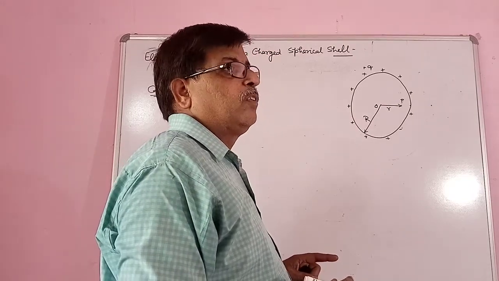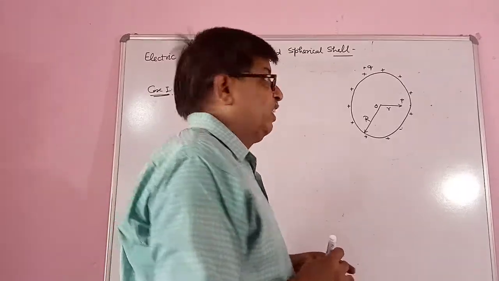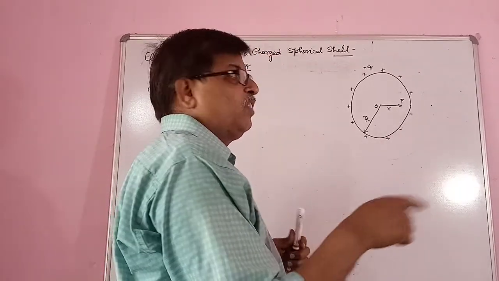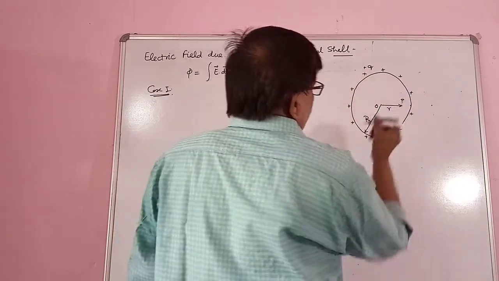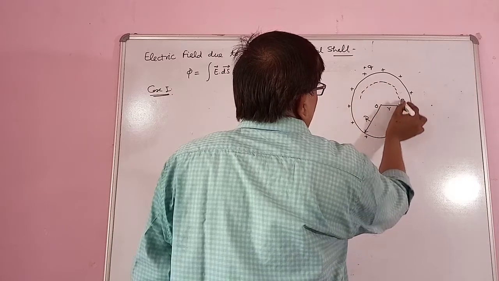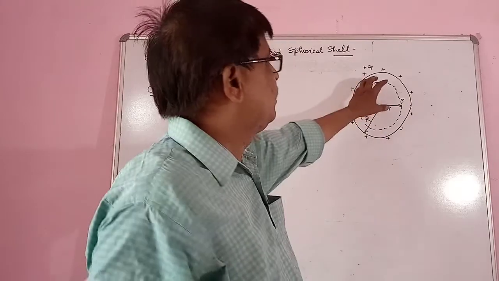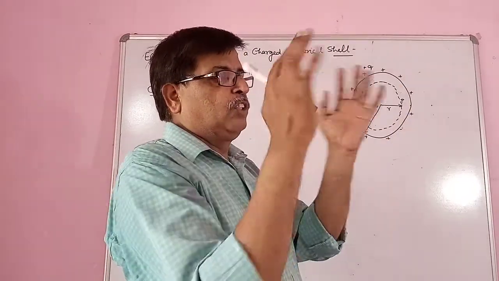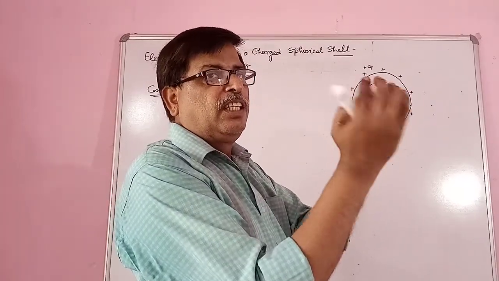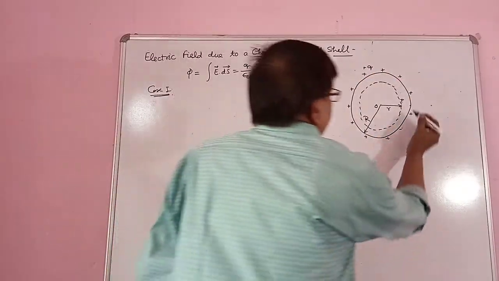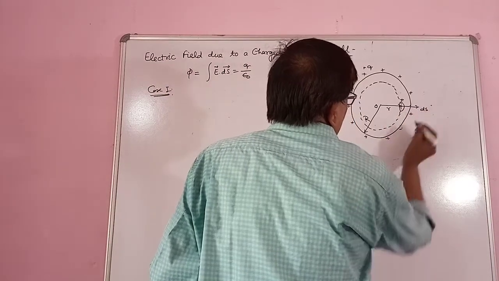Now we take the Gaussian surface. Which type of Gaussian surface do we take here? We take a spherical Gaussian surface, concentric to this hollow sphere. This is our spherical shell of radius R, and this is the Gaussian surface of radius r. We take a small element ds.